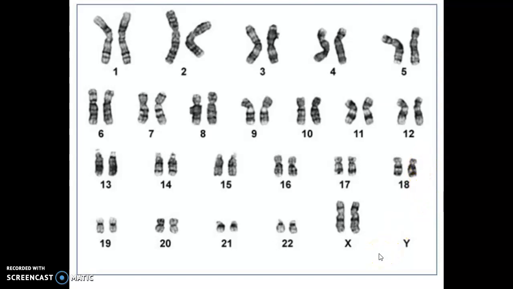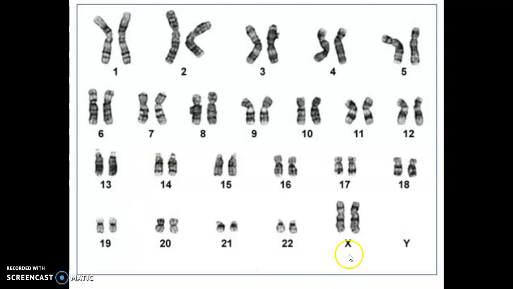You are going to do an online lab where you finish completing a karyotype for some patients. They look for abnormalities in numbers. Again, you're supposed to have two of each of these. So if you have less than two or more than two, sometimes it's a really serious disease.